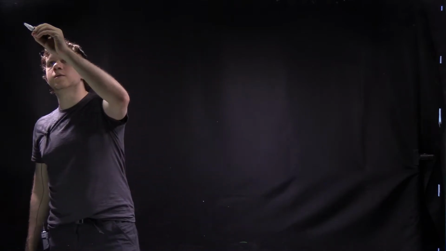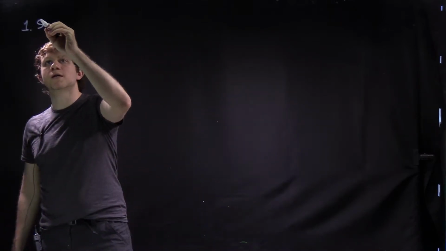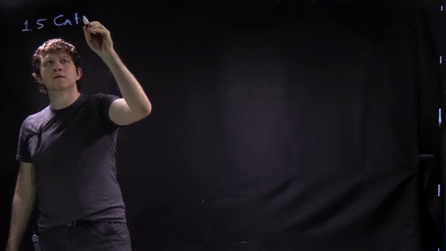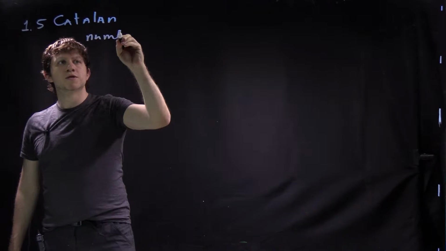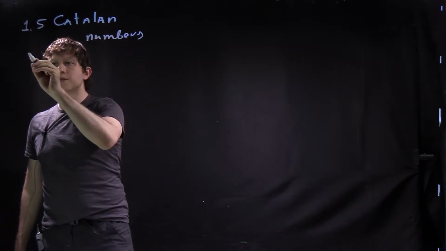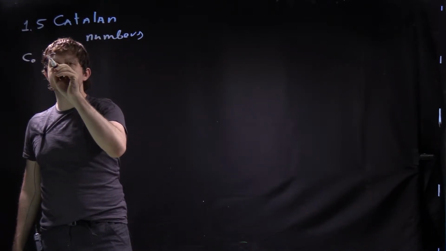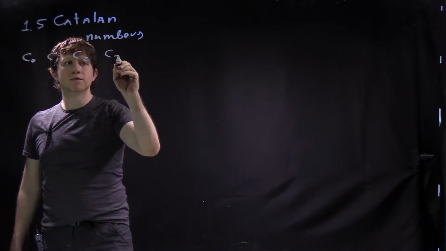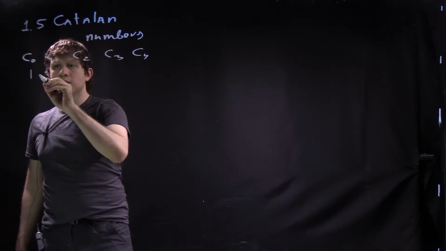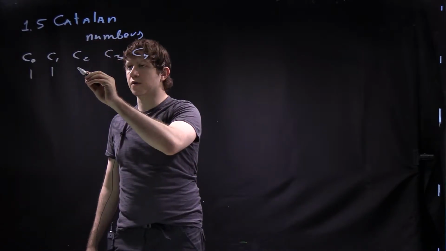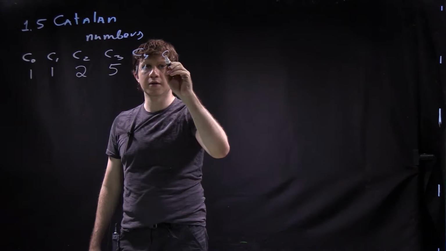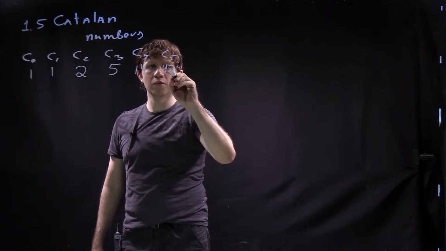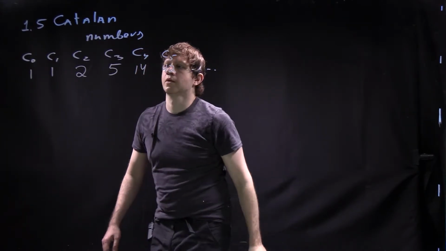In this lecture and two others, we talk about a remarkable sequence of numbers called Catalan numbers. So that's a sequence C0, C1, C2, C3, C4, starting with ones, and then it goes as 2, 5, 14, 42, and so on.